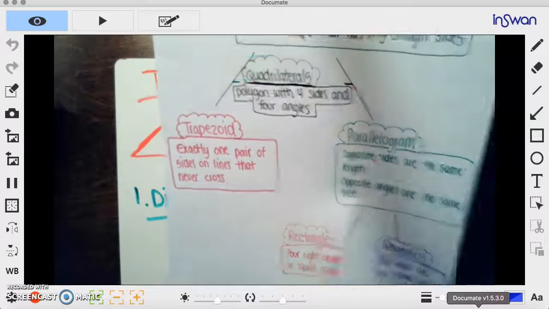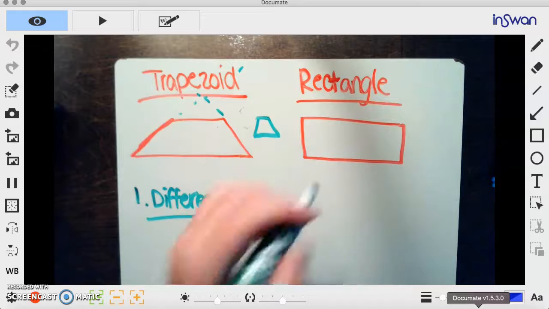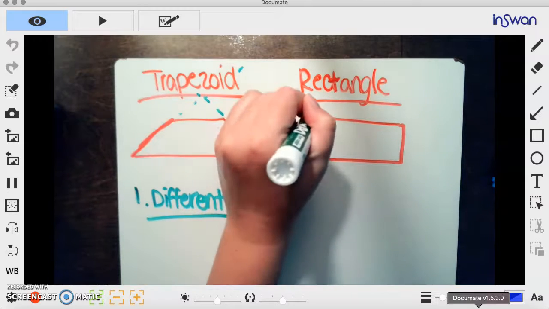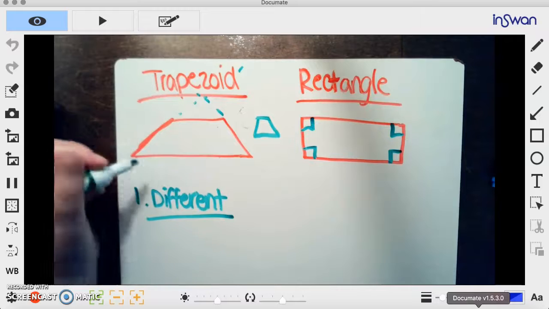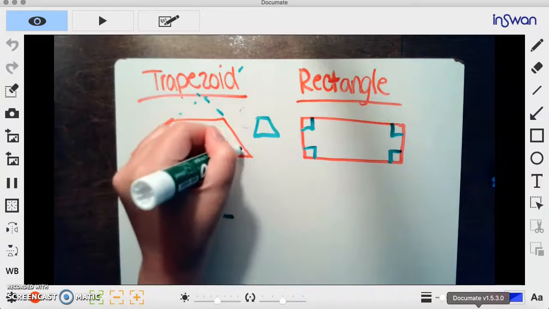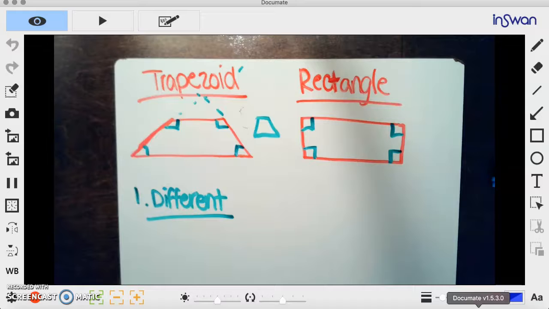So in order to be a rectangle, it needs to have 4 right angles or square angles, which I can draw on right here. If I look at my trapezoid, I am not able to make the square angles. It doesn't work on a trapezoid.